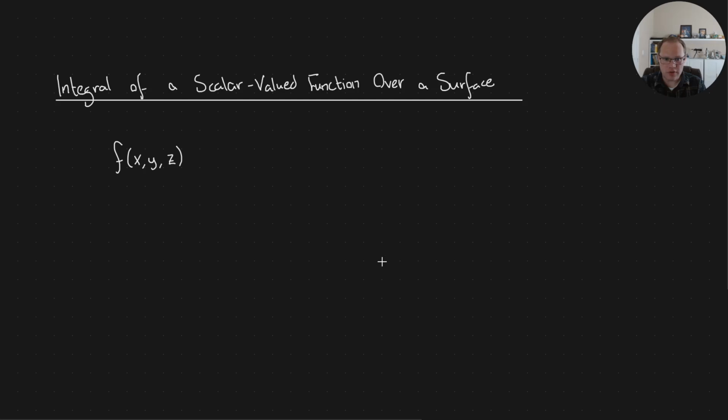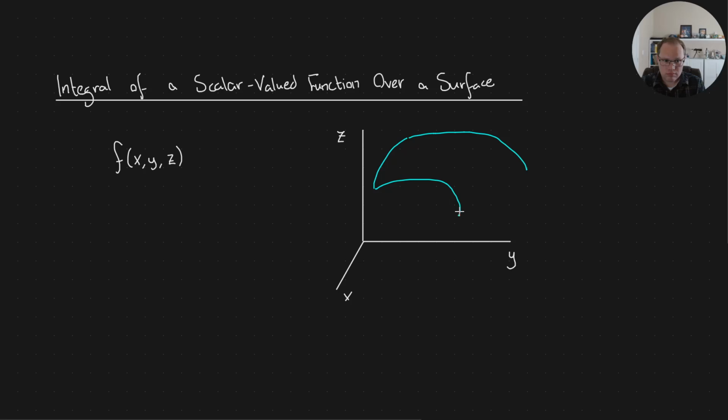And we have some surface. All right, so this is some surface in space. All right, let's call the surface S. All right. Now, what we want to do is we want to integrate this scalar function over the surface.